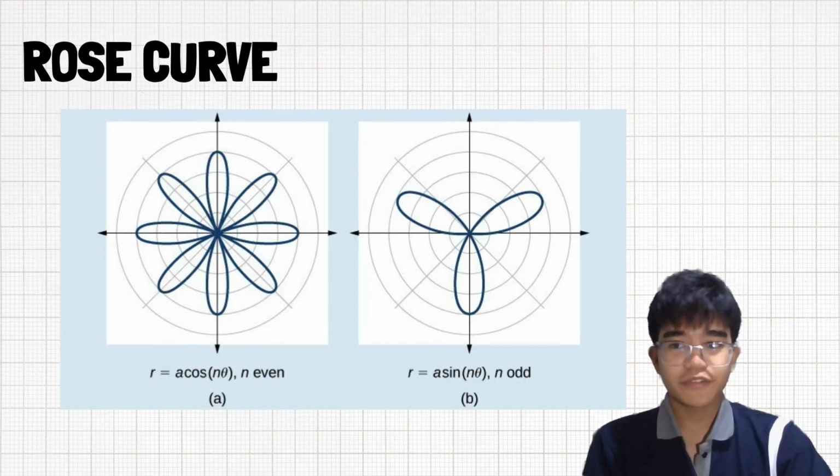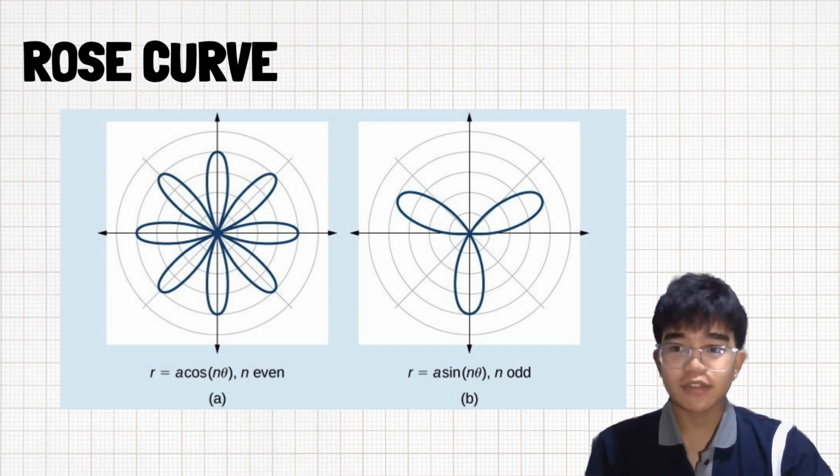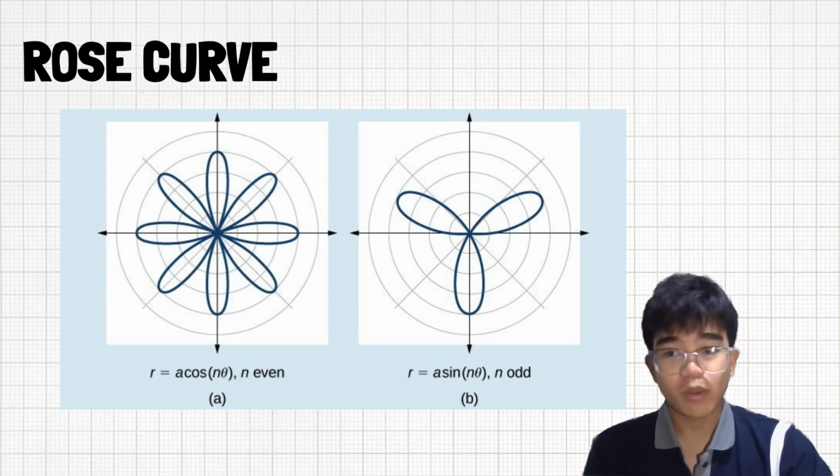The rose curve is a polar graph defined by the equation r is equal to a cosine n theta, or r is equal to a sine n theta, where the number of petals depends on the value of n. If n is even, the rose will have 2n petals, as seen in graph A, where n equal to 4 yields 8 petals.